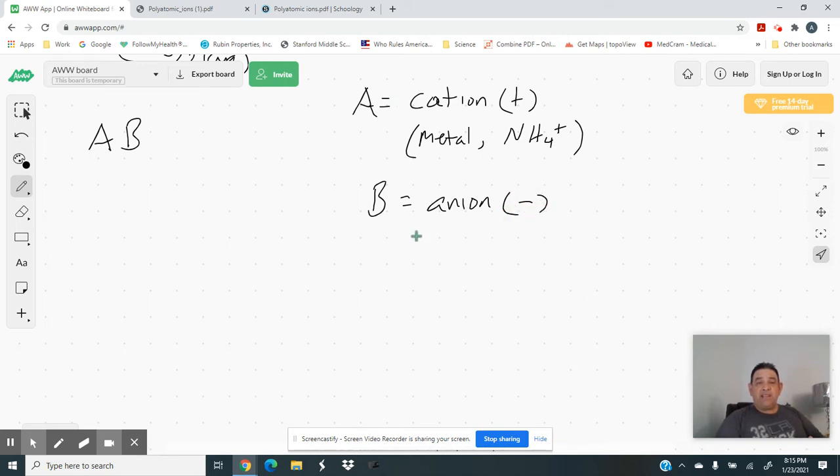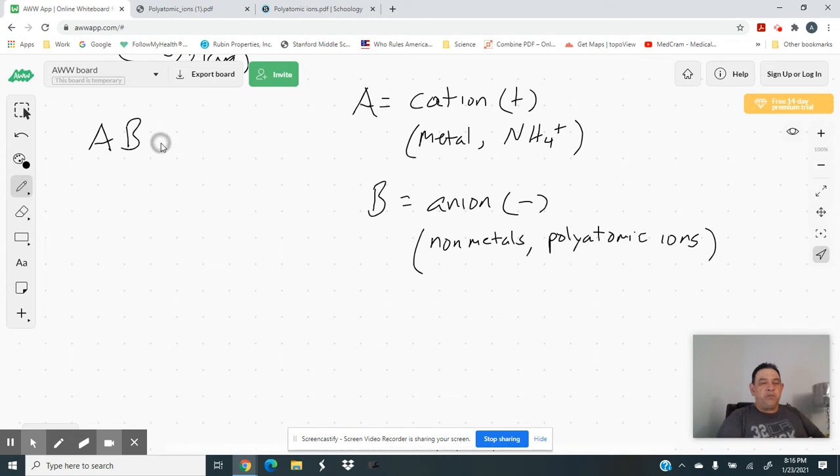So it's a cation and an anion, and usually the anions are nonmetals, individual nonmetals, or polyatomic ions. The exception to the polyatomic ions being negative is ammonium.